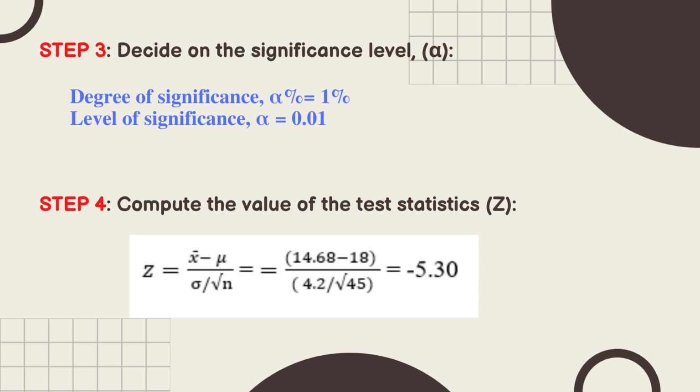The formula is z equals the sample mean minus the hypothesis mean, divided by the standard error of the mean. So it is 14.68 minus 18, divided by 4.2 divided by the square root of 45. The answer is negative 5.3.